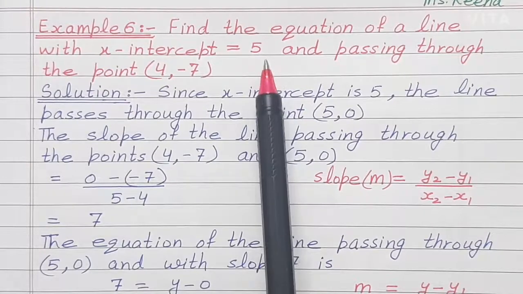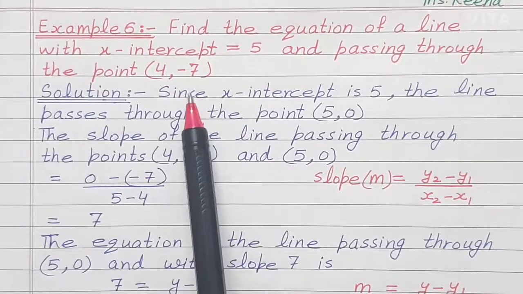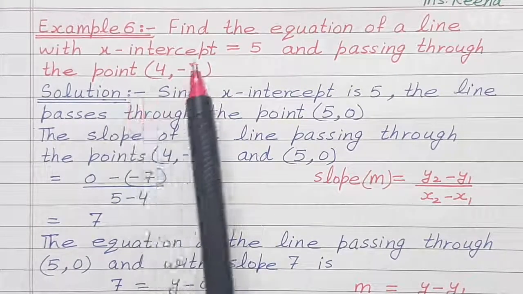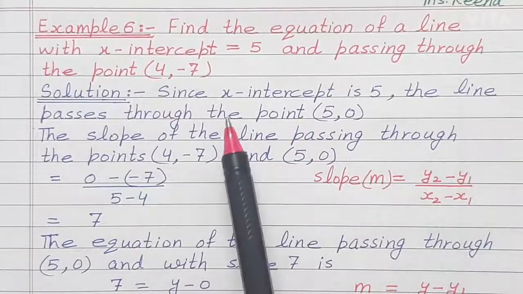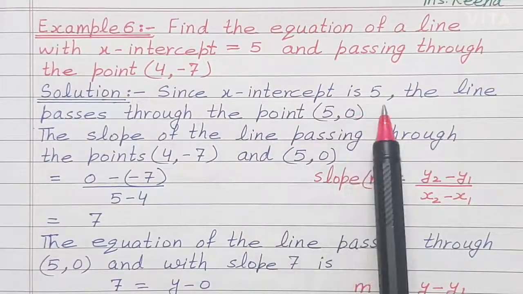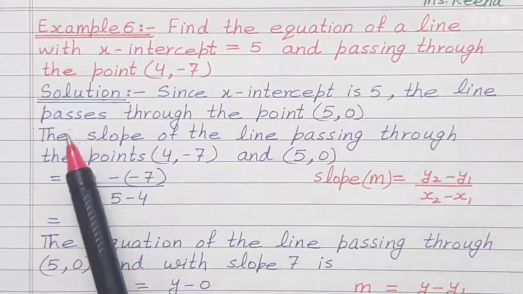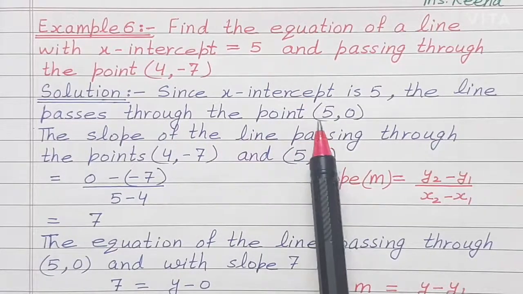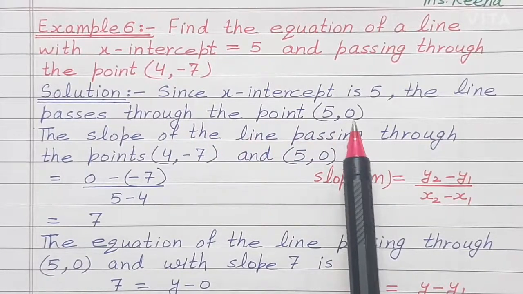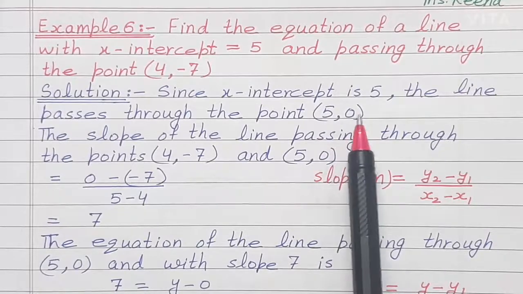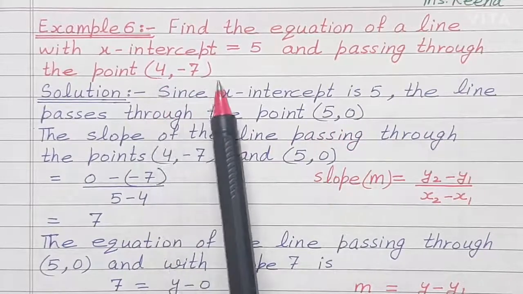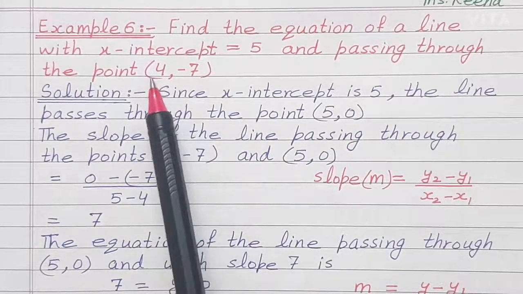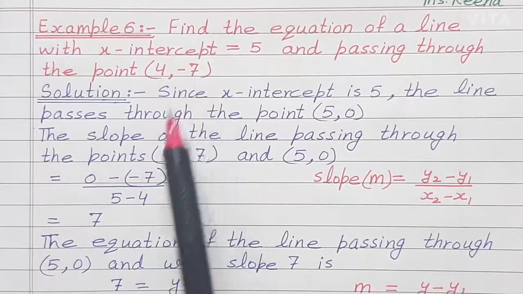So c is given to us and one coordinate is also given. So let us see how to solve. Since x-intercept is 5, the line passes through the point (5, 0). Clear? Here y is 0 and the other coordinate is already given, that is (4, -7).